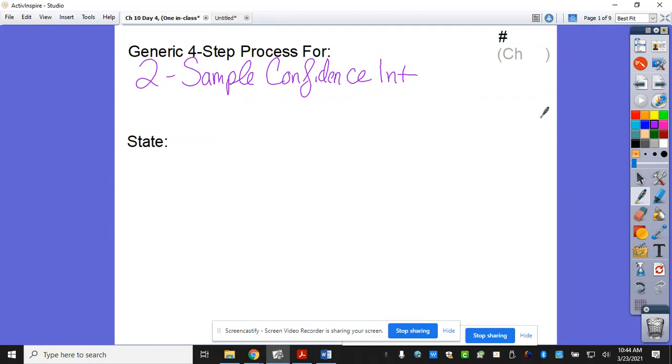All right, so blank generic four-step for today. This is a two-sample confidence interval for difference in means. So this is four-step number 9, and we're in chapter 10.